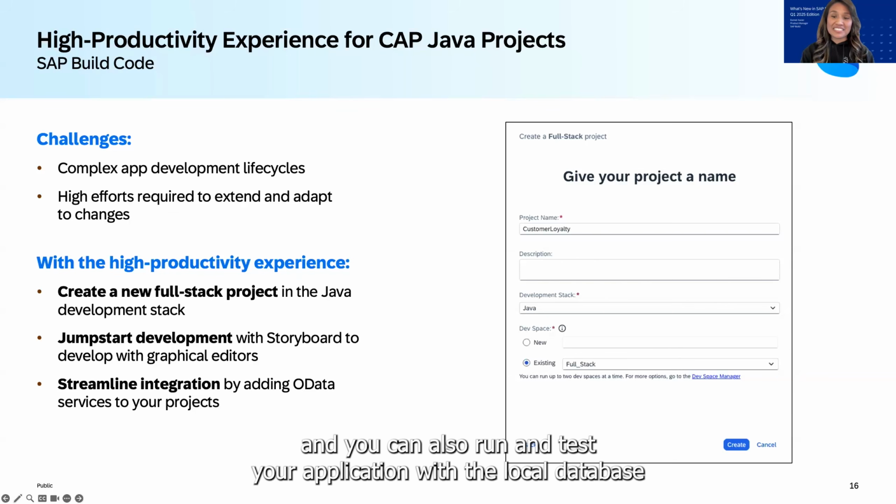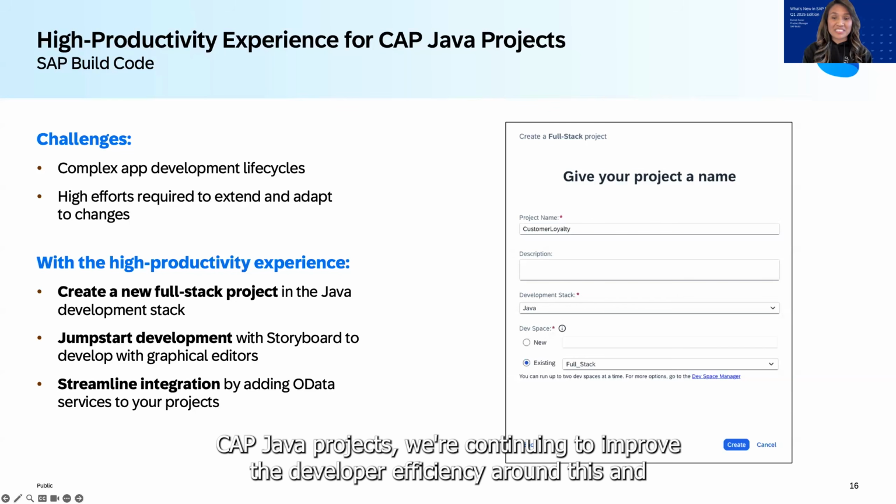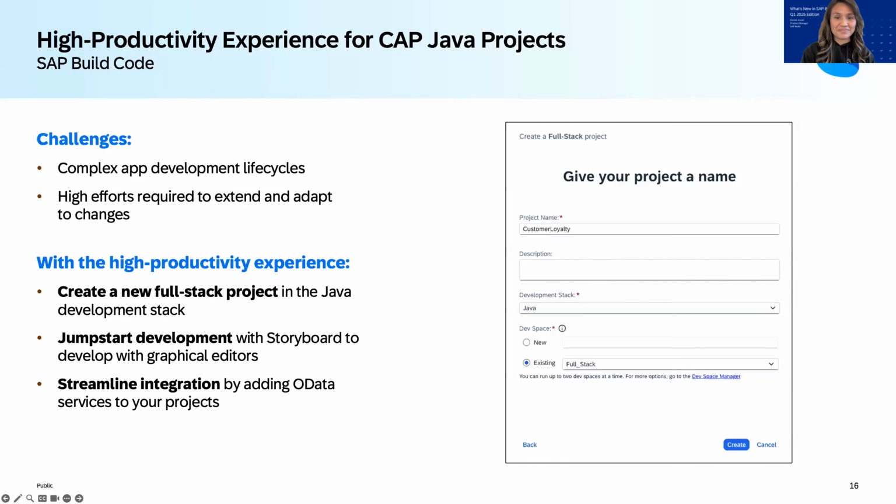And you can also run and test your application with the local database or SAP HANA and live data or mock data. So now with these CAP Java projects, we're continuing to improve developer efficiency and providing an overall much more consistent experience across SAP Build Code.